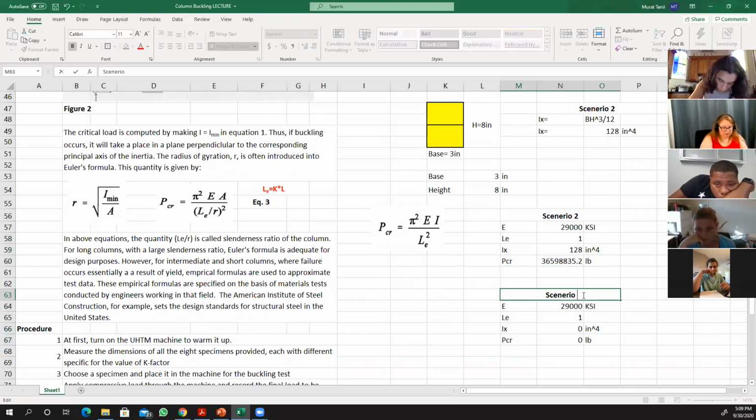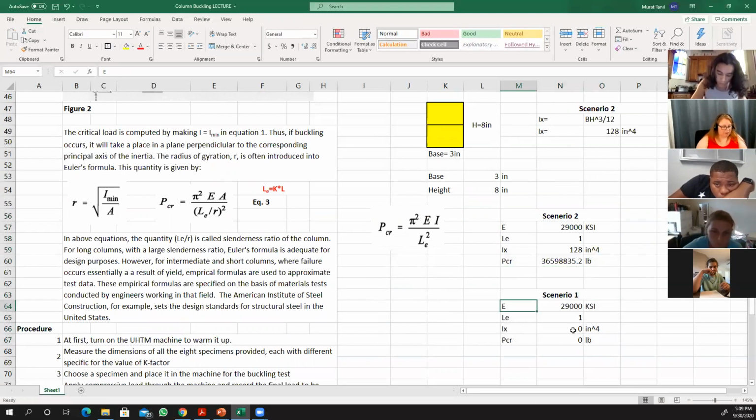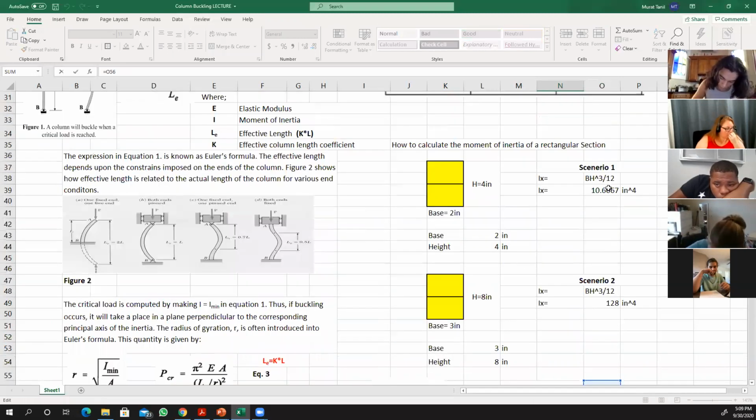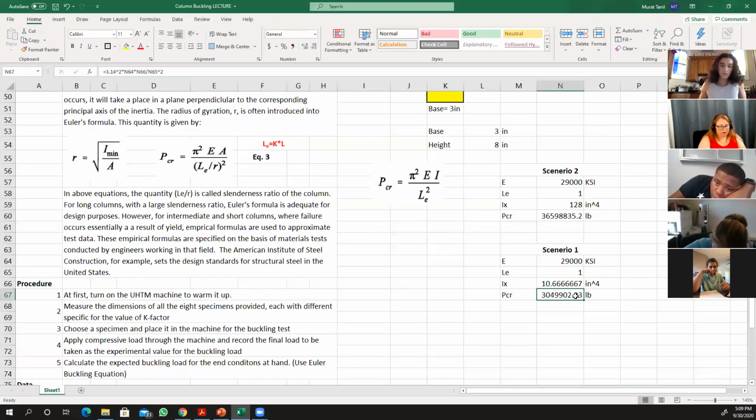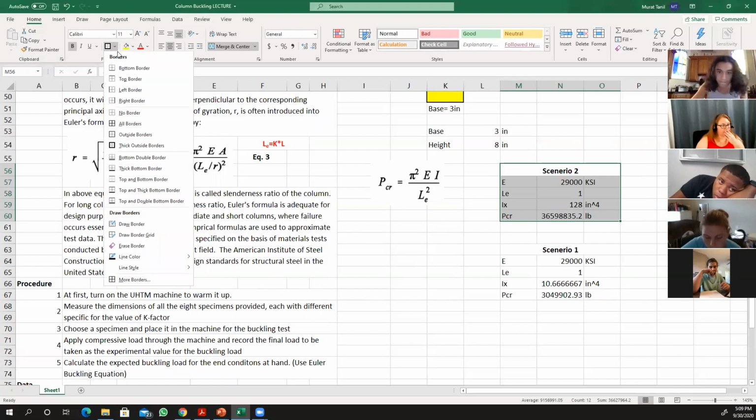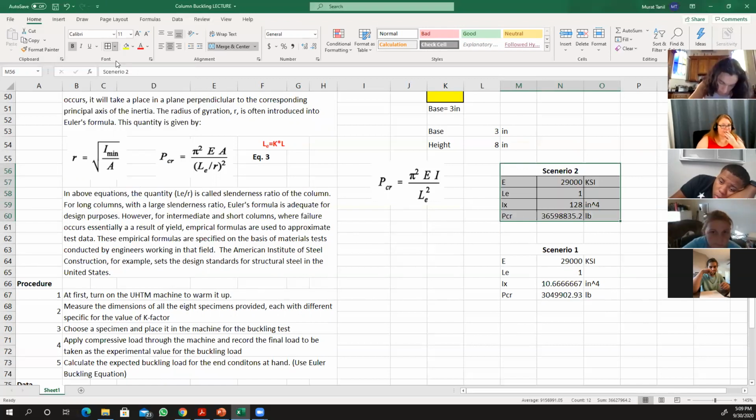Scenario number 1. The modulus of elasticity is going to come from scenario 1. And P critical is less than what we got right here.